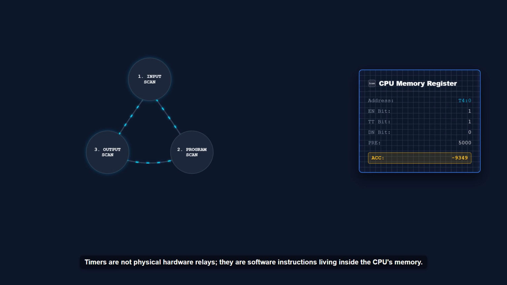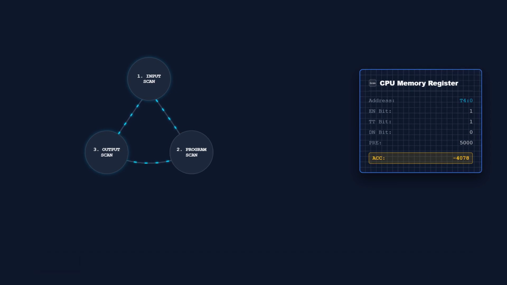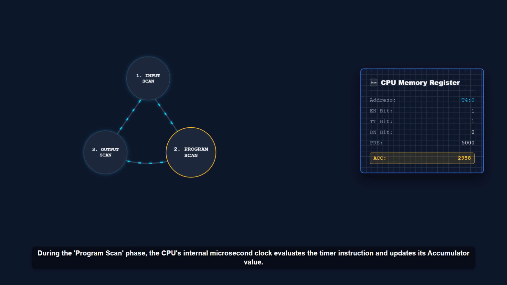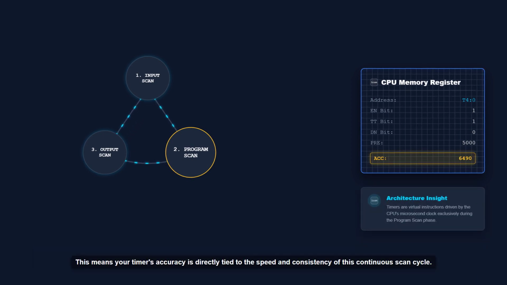They are software instructions living inside the CPU's memory. During the program scan phase, the CPU's internal microsecond clock evaluates the timer instruction and updates its accumulator value. This means your timer's accuracy is directly tied to the speed and consistency of this continuous scan cycle.